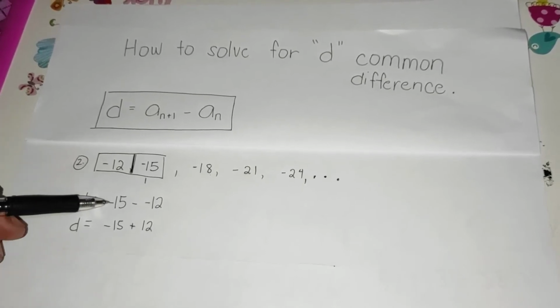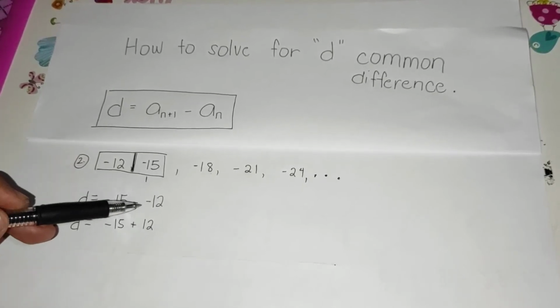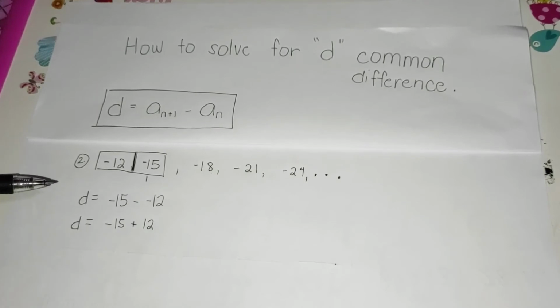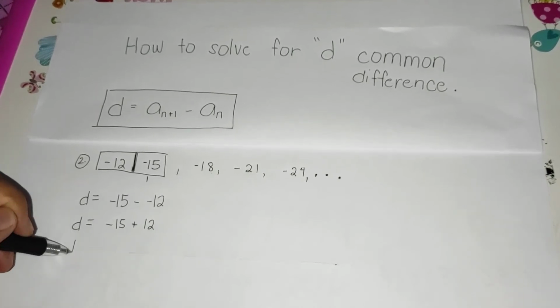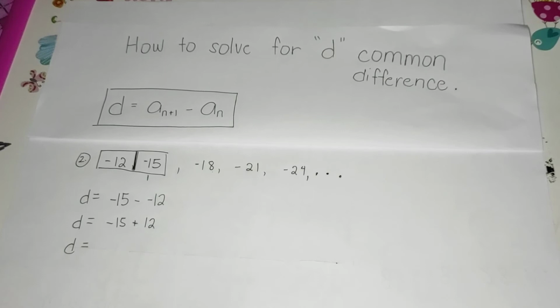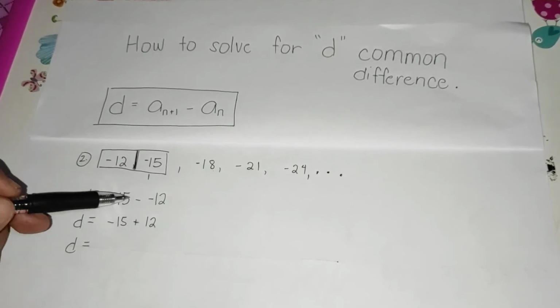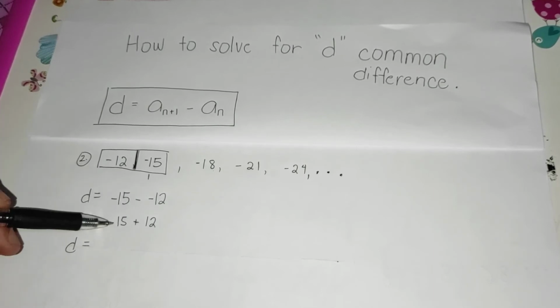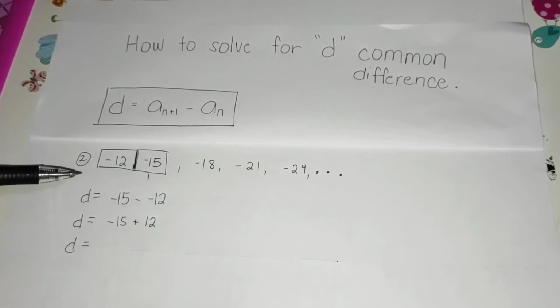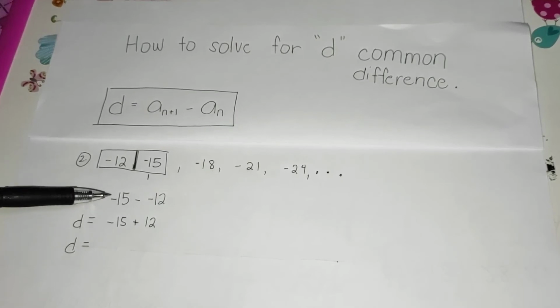Again, negative 15 minus negative 12, since double negative, became negative 15 plus 12. Since you're adding unlike signs, proceed to subtraction.